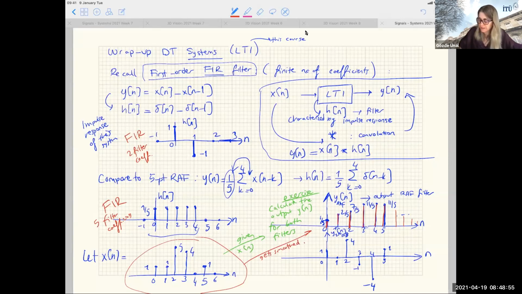What about this one? Now what is happening here? This is actually difference. Actually, I should have said here first order difference filter, guys. So now the name implies it takes differences, meaning you see the other one takes sums.